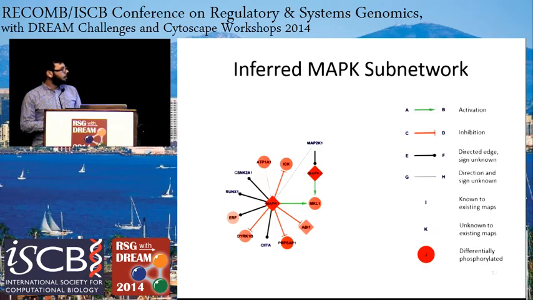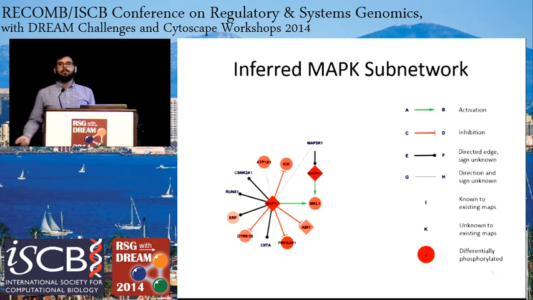The circle edges are those that are unknown to any of the EGFR pathway maps that we looked at. And we have the phosphorylation here given as the shade of the red.